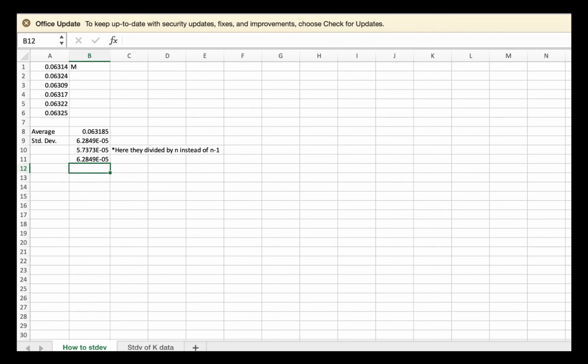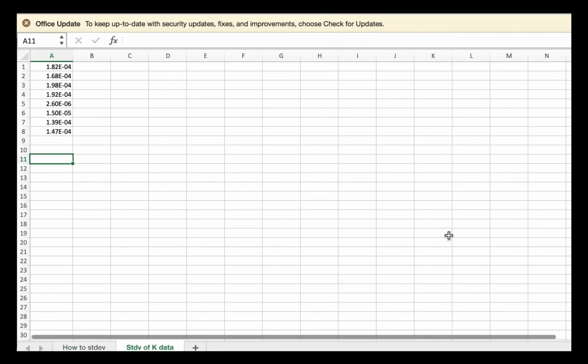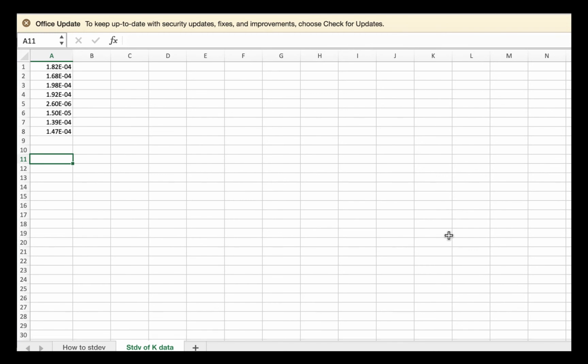All right, so I'm going to switch back over, and actually, no, I'm not going to switch over. I'm going to give you some practice. The practice is going to be on these equilibrium constant data that I had my physical chemistry class calculate at 25 degrees C, and they just happen to have a bunch of different numbers, right?